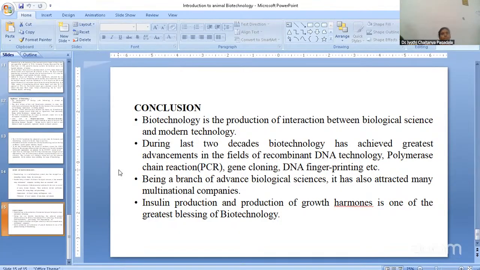So, applications, as we already discussed, like human insulin. Definitely, we can also say we have an example of ancient biotechnology in the story of the Pandavas and Kauravas.